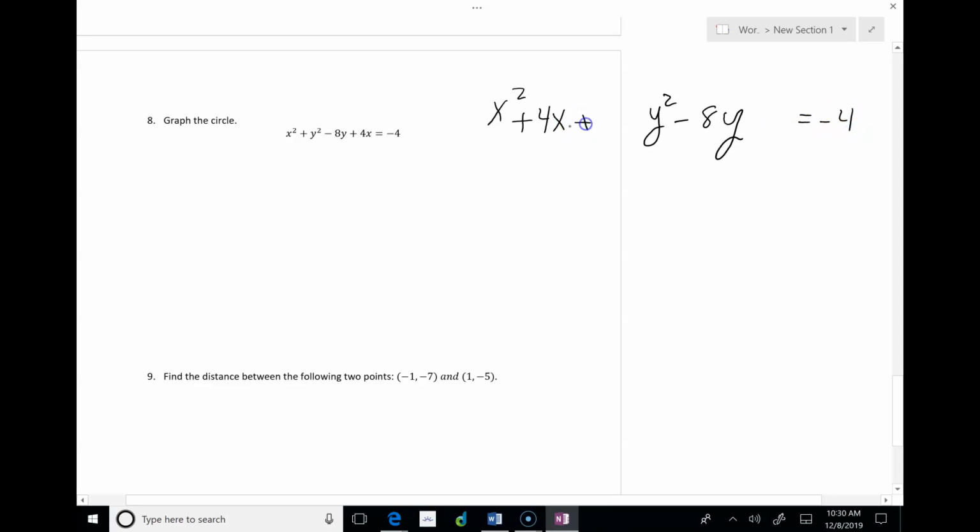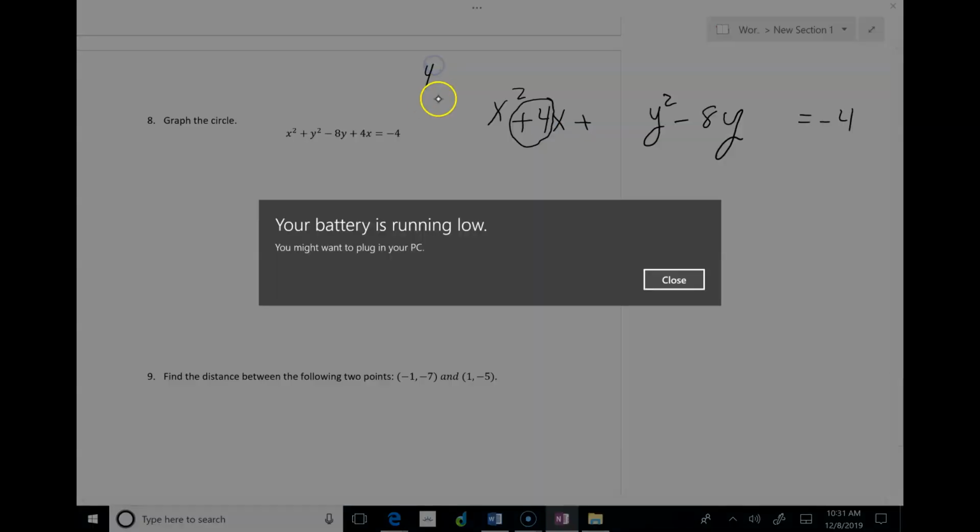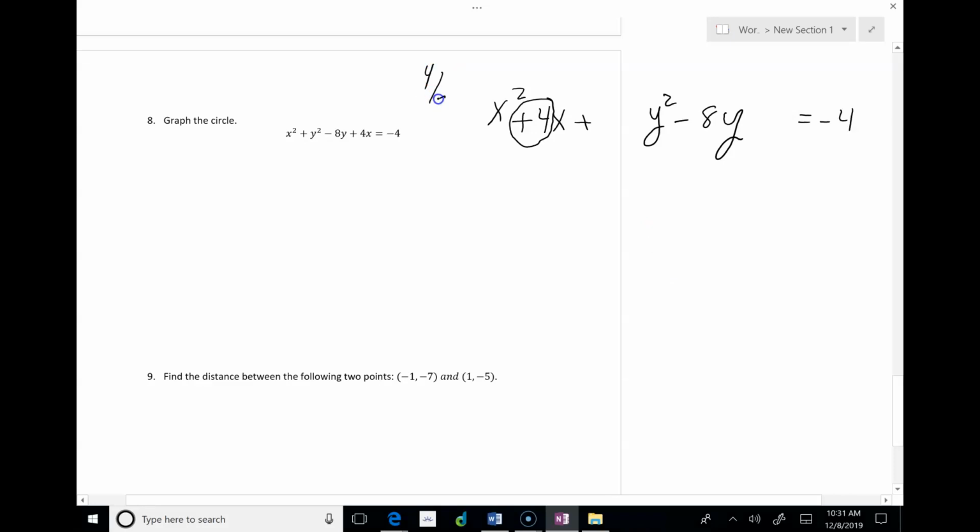For completing the square, you take the middle term, divide it by 2, and square it. So that would be +4, or add 4 to both sides. You take the middle term here, -8 divided by 2, and square it. So 16. So you add 16 to both sides.